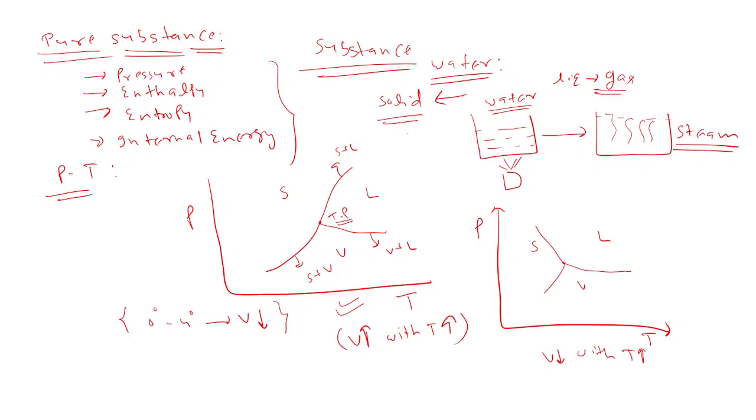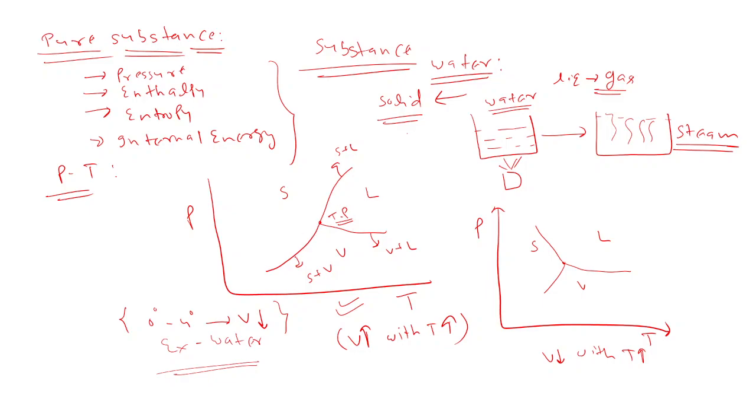Okay. So I'm saying there are two types of substances. One whose volume increases when temperature increases, and another whose volume contracts when temperature increases. For the second one, the example is water, and for any other normal substance, volume will increase with increase in temperature. So the PT phase diagram for substances whose volume increases with temperature is like this.